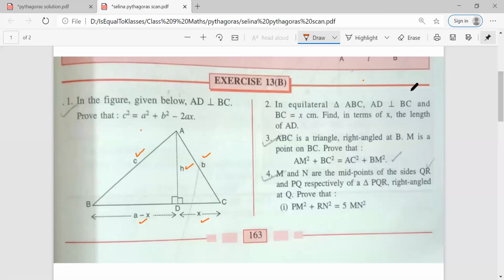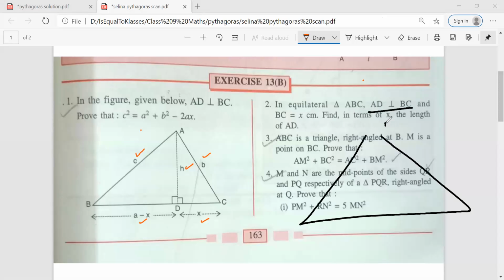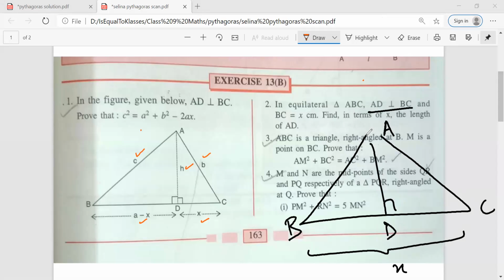Okay. So Rudra, in the second question, you are given an equilateral triangle. So equilateral triangle ABC. So we draw equilateral triangle ABC. Then AD is perpendicular to BC, and BC, this whole of this is x centimeter. Find in terms of x the length of AD. So I need to find AD in terms of x.